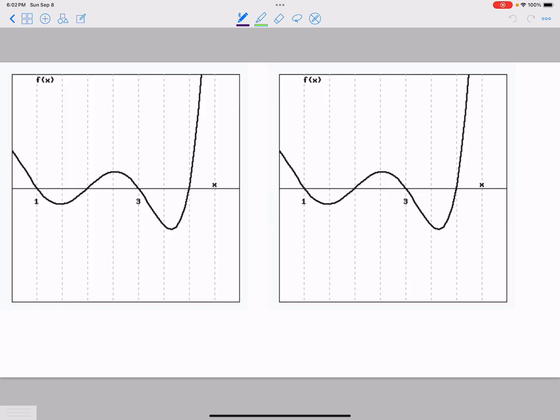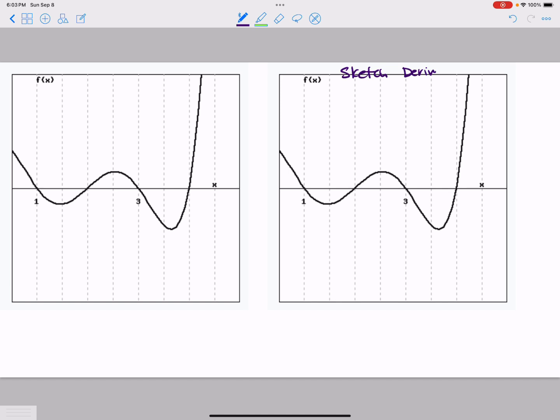The second question, I don't remember exactly what they asked, but this is really the graphical interpretation of the derivative. Remember that the derivative, or f prime, at every point is the slope of the tangent line at that point. So over on this side, I'm going to try to sketch the derivative, and on the left, I'm going to use the graph to help me analyze it.